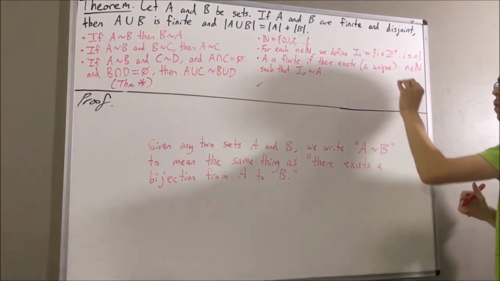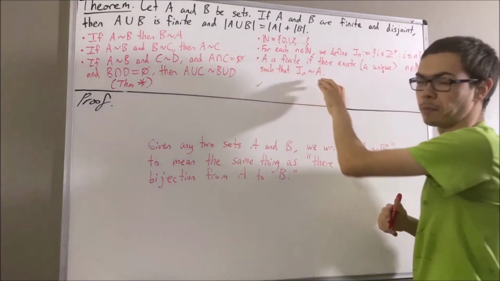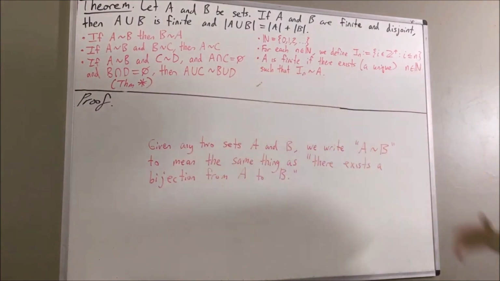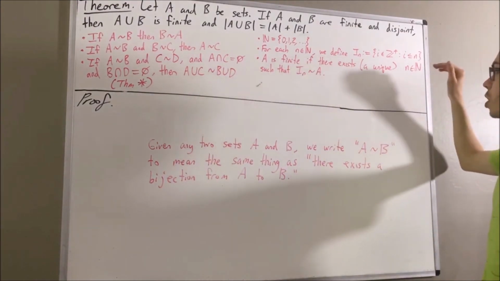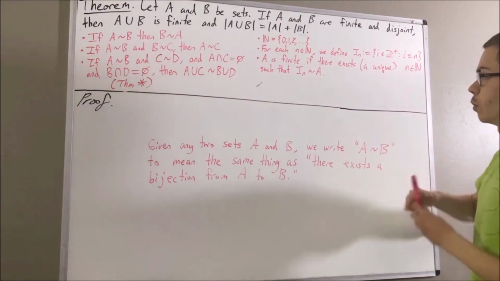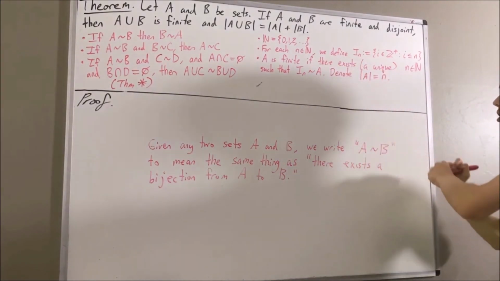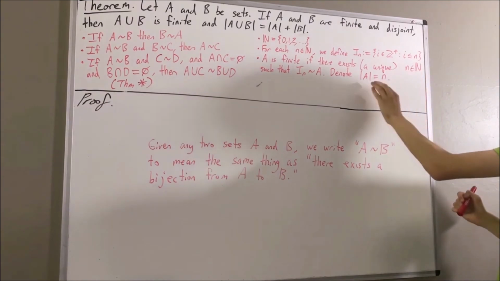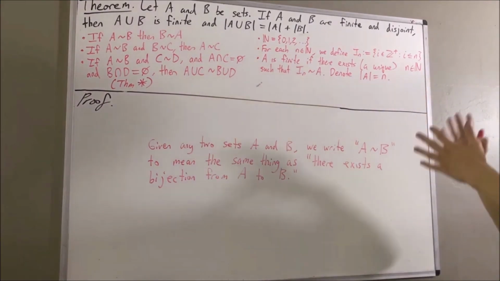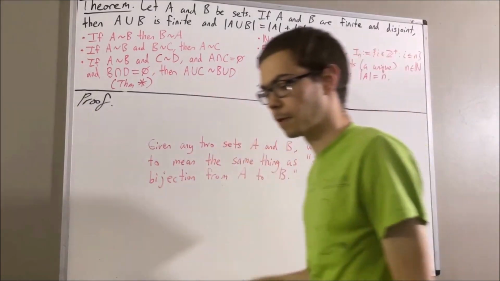And we proved the uniqueness of this natural number in a previous video. So we'll denote this natural number n in the following way. Just like this. So we call n the number of elements in A. All right, so now we're ready to get into the proof.